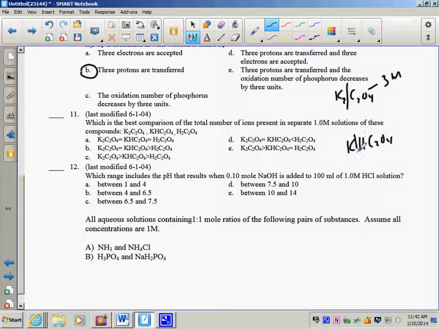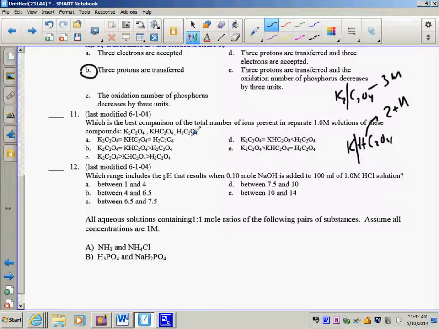This one here, KHC2O4, splits right here. This will give me 2 particles. This will then ionize slightly to form oxalate and some H plus ions, but not much. So we're going to get 2 molar, 2 particles, plus a little bit more, not much.